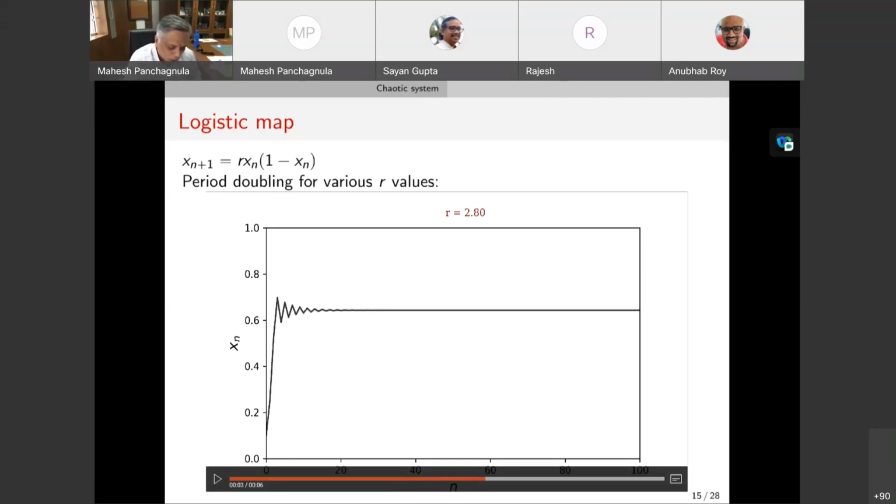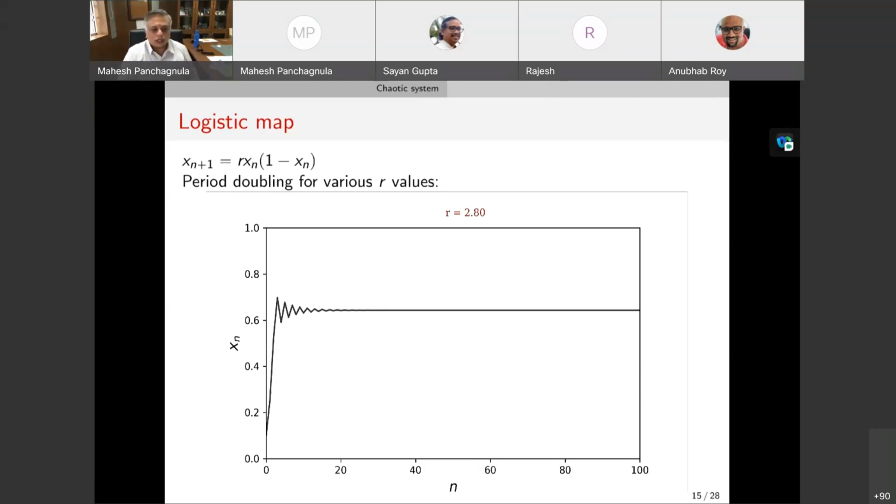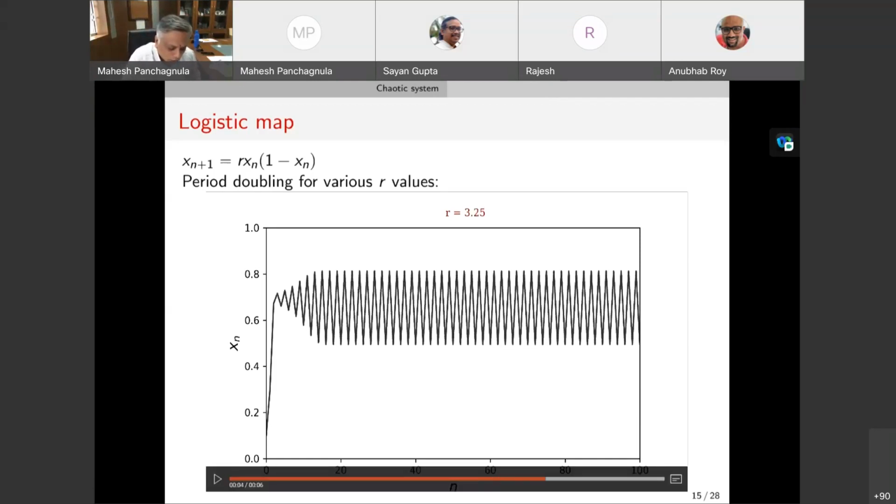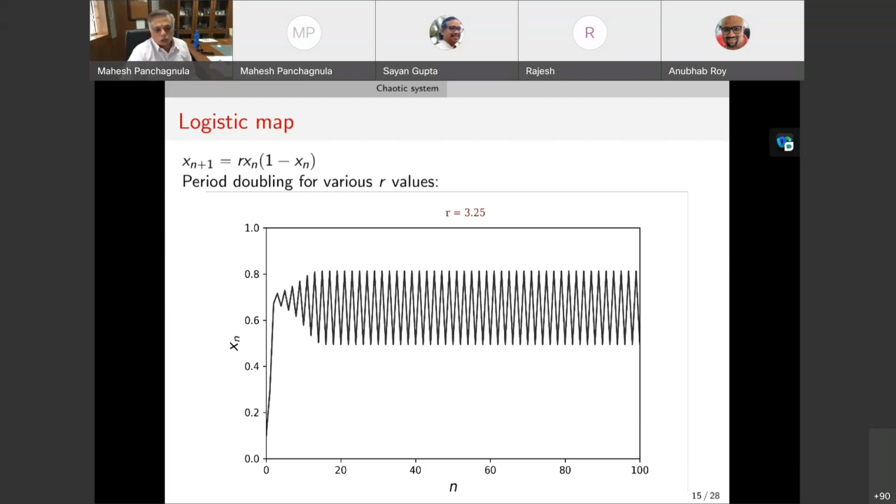Let's continue on. Very close to 3, you start to see some oscillation, some overshoot, but then it continues to converge to a stable solution. Beyond 3, the solution is not reaching a steady state, a stable equilibrium attracting solution, but it is continuously oscillating between 2 solutions.